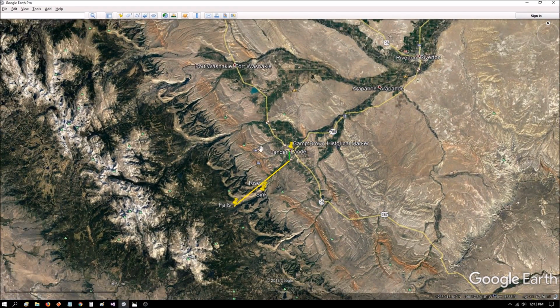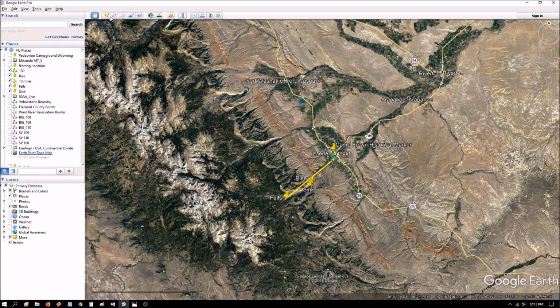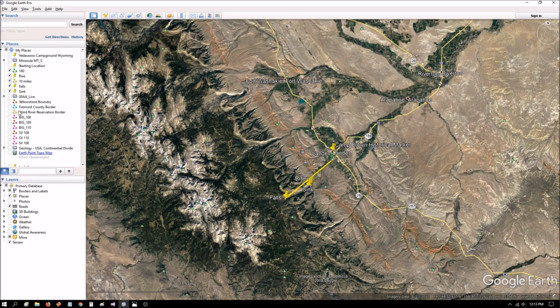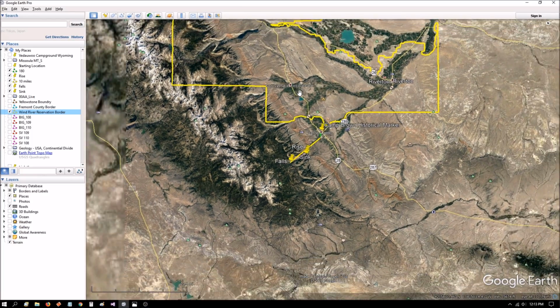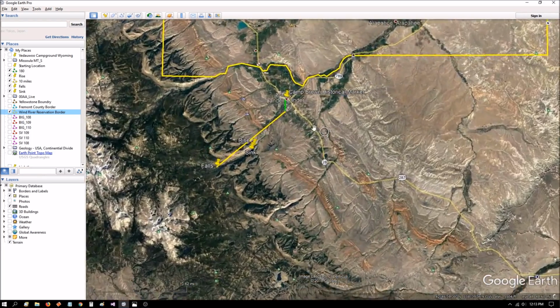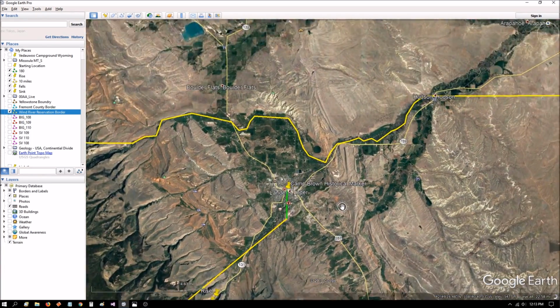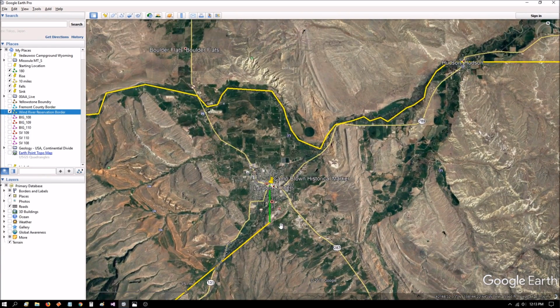Okay, this is the Indian reservation. Okay, if we turn on the Wind River Reservation, that's the Wind River Indian Reservation there. Okay. So if you were to leave here, it's no place for the meek. This is all Indian territory.